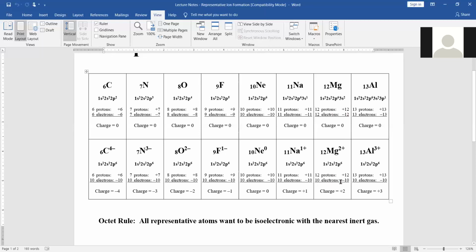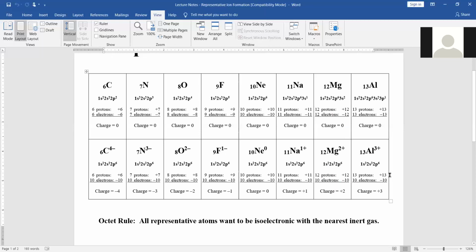Now I'm down to 10 electrons, which means I have 2 extra protons. So the charge on the atom goes from neutral on the top row to +2 down here. 2 excess protons is a net charge of +2. And similarly with aluminum.